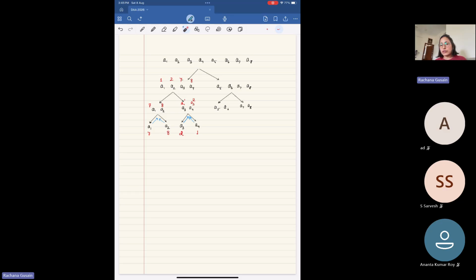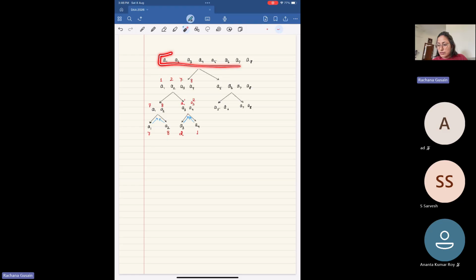Any doubt in the merge sort algorithm? So does it start from the bottom to the top, or from the top down? How does it start? Initially it was top to bottom, right?